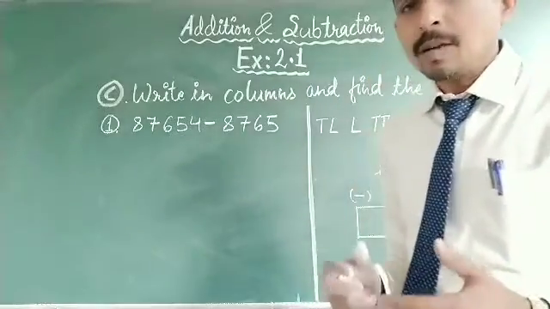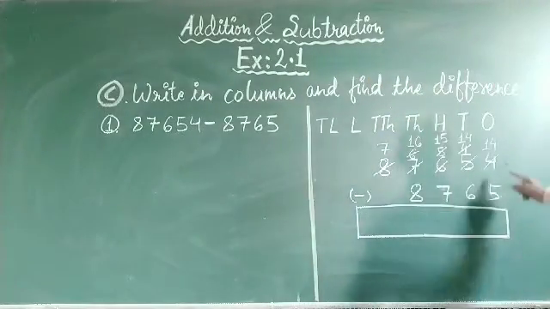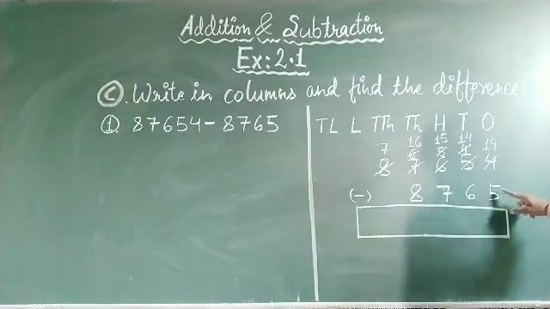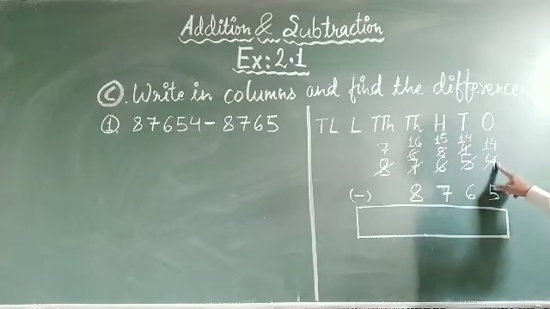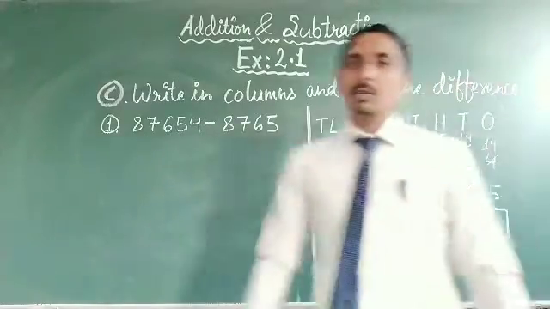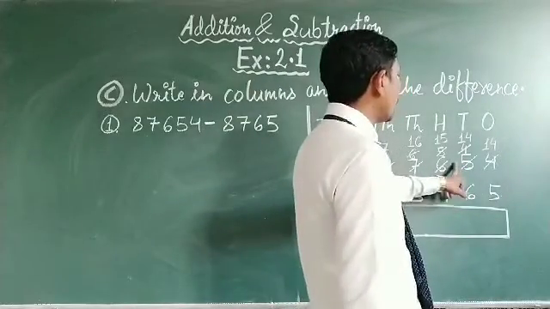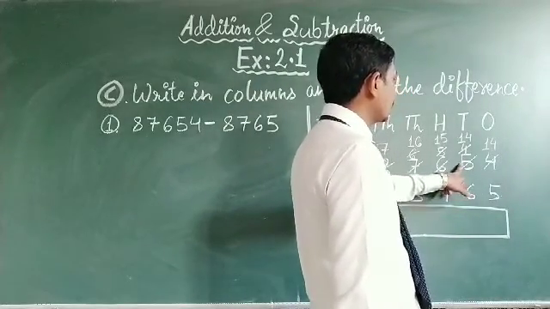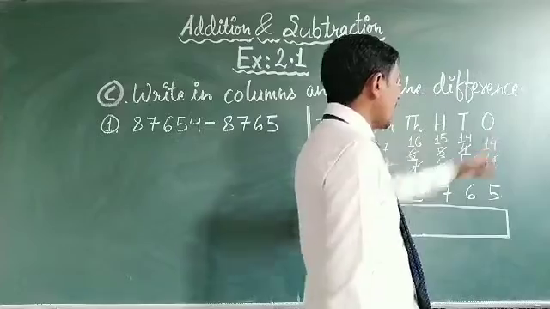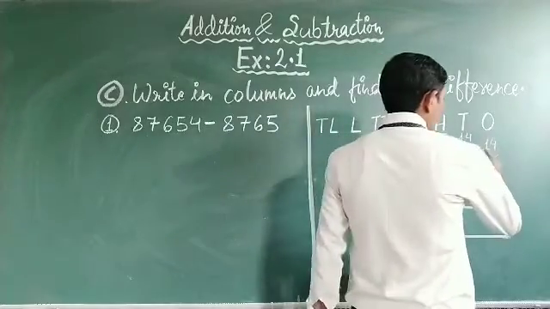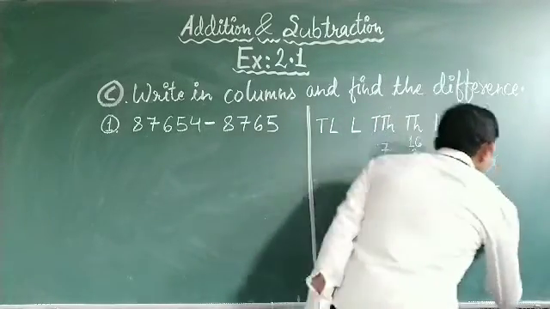So we start subtracting from ones place. So you see, we have to subtract 5 from 4. We all know that 5 is not subtracted from 4. Then what we have to do? We have to borrow 1 from the number right to it and it will become 14. And when we subtract 5 from 14, we get answer as 9.